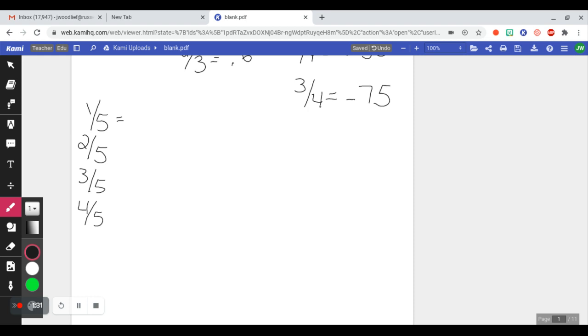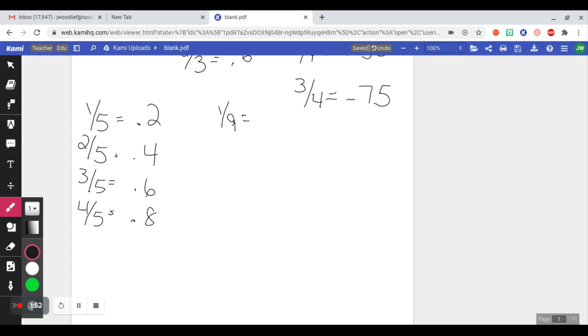Now, this is like taking $1 and splitting it into 5 equal parts. So 1/5 would be 0.2 or 0.20. 2/5 would be 0.4. 3/5 is 0.6. And 4/5 is 0.8.